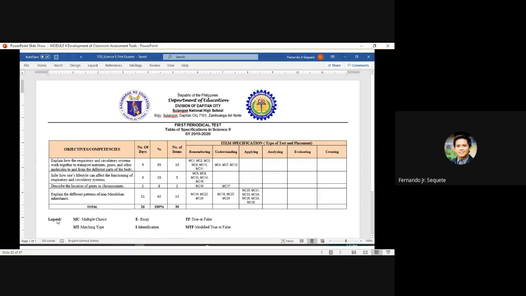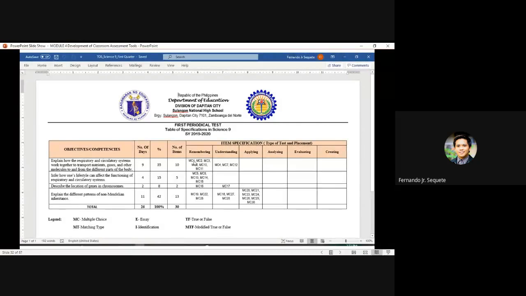I made a legend here because we want to know the type of assessment, whether it is multiple choice or whatsoever. So we can put the legend here, children. And then there is the Bloom's Taxonomy from Remembering to Creating. And then here we put the item.